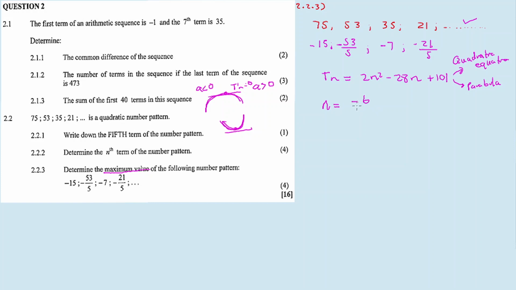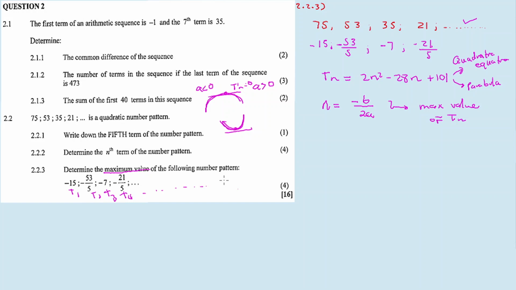minus b over 2a. Remember, we want the maximum value of Tn. The maximum value of T1, T2, T3, T4, and then somewhere in our pattern there's a Tn which is a maximum.